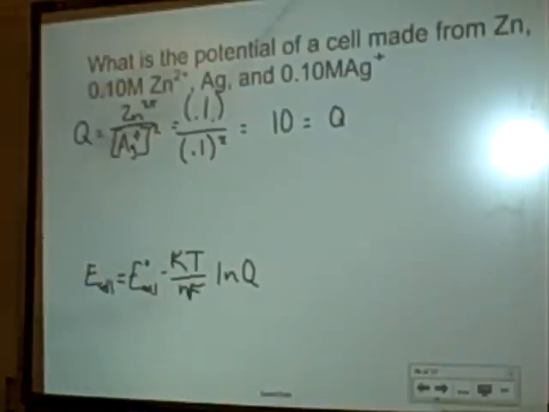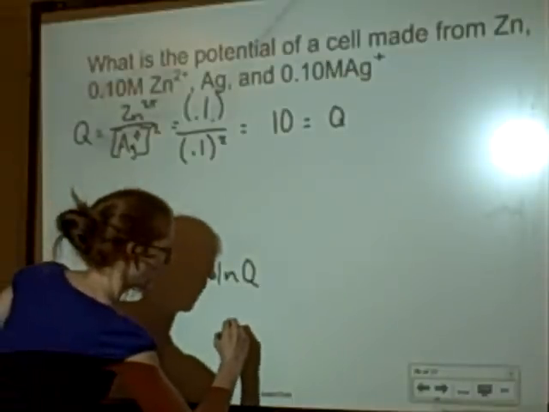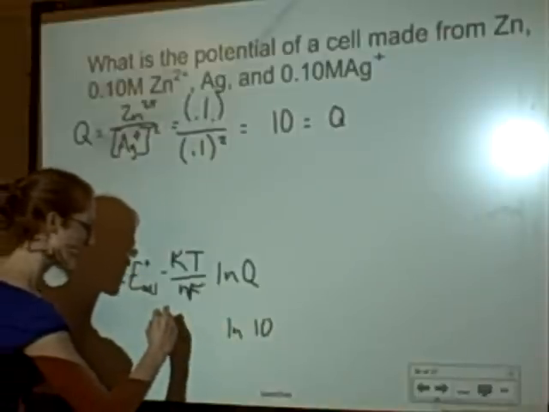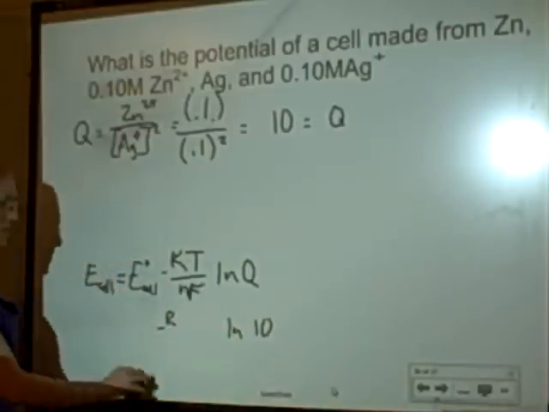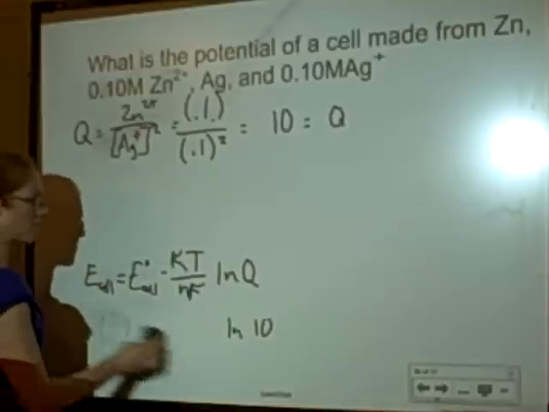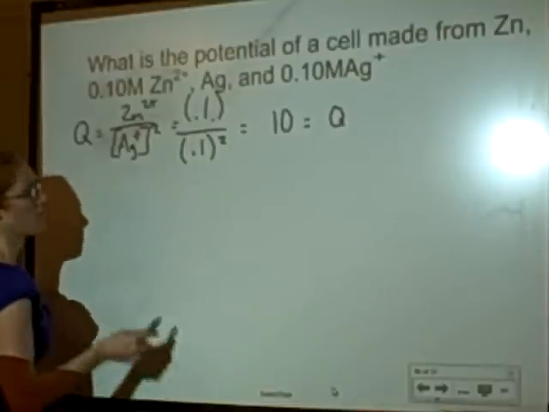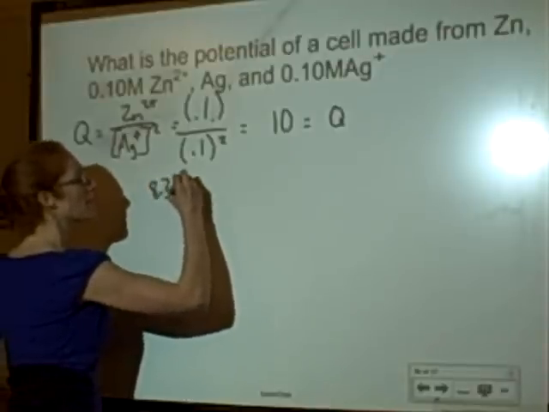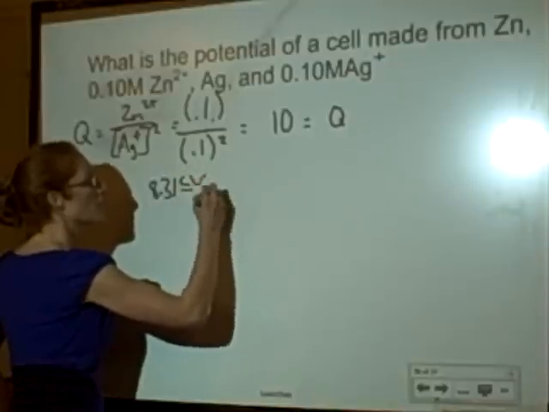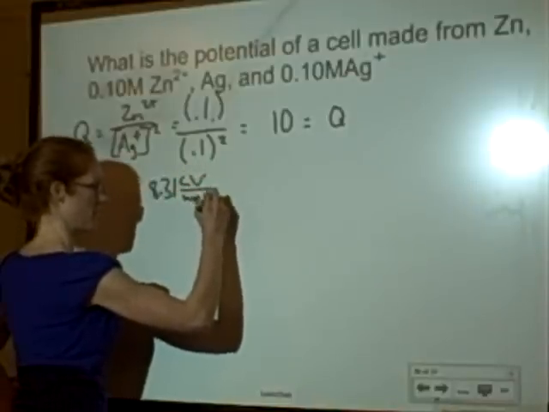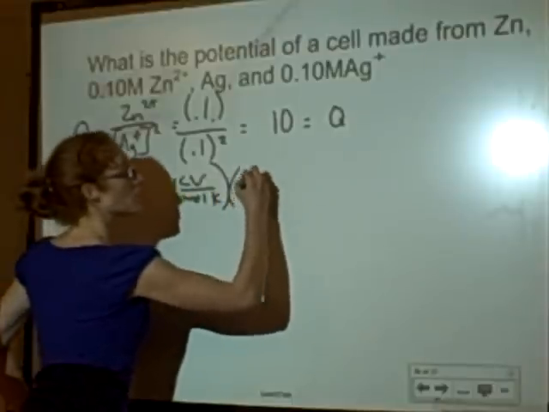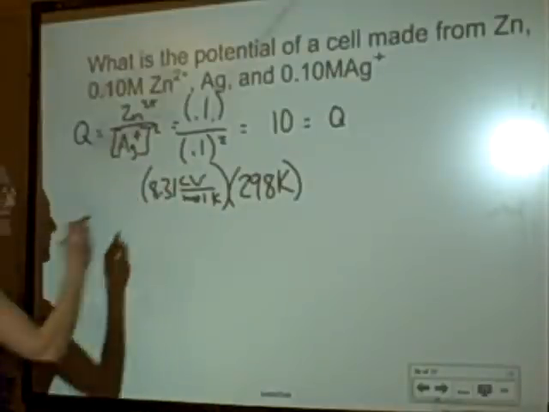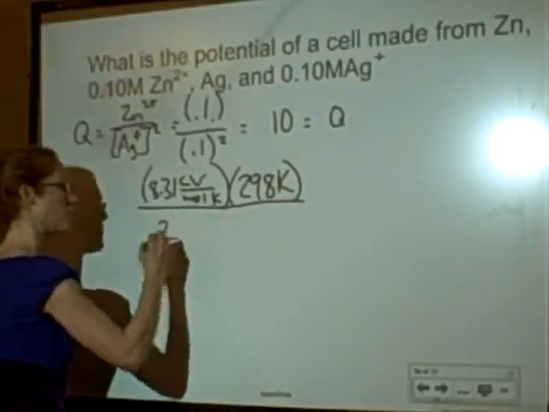Now I can plug in. So let's see, natural log of 10, which ends up being 2.3, minus R, so R is that 8.31. Oh, I really want to show you guys units, so I'm going to make sure I do all of it. Okay, so R, 8.31, and that is coulomb volts per mole Kelvin. Okay, so it's RT, right? So 298 Kelvin. N is the number of moles of electrons that was transferred, so that's 2.